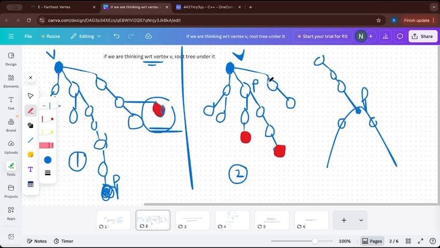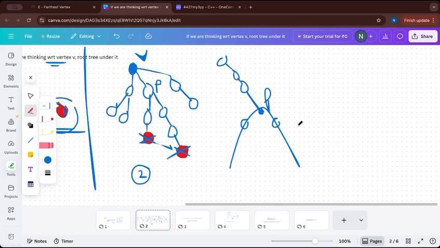So if that is the case, can there be a case where the distance to any other node, not this and not this, is maximum? So let's check. For example, let's assume that there is some other leaf node when rooted at P. So let's assume that there is some other vertex which is a leaf node under the tree rooted at P, and that is the largest distance.